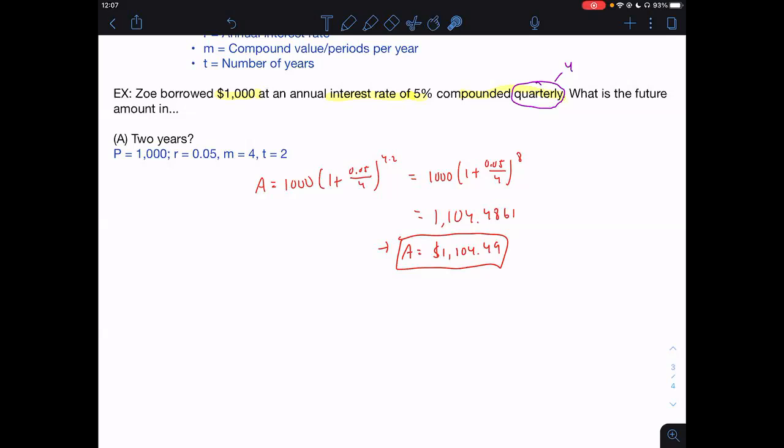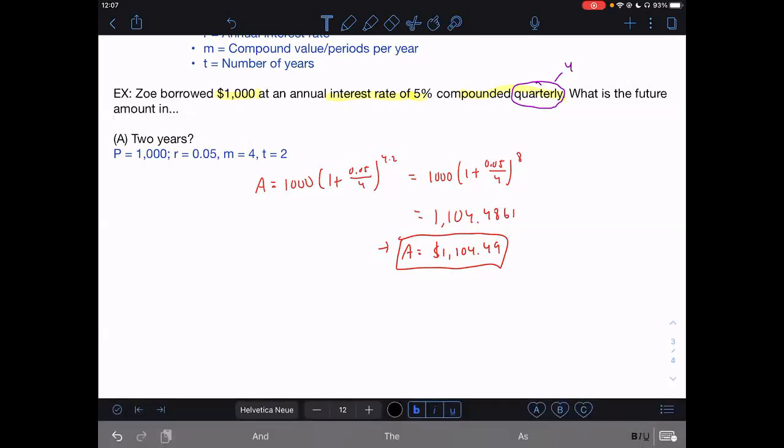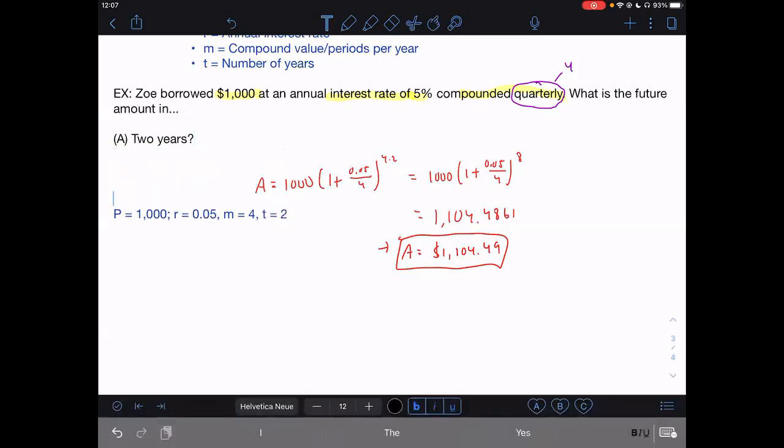Okay, let's do the second part. For part B, let's see how much this loan is going to grow to in, say, 6 months.